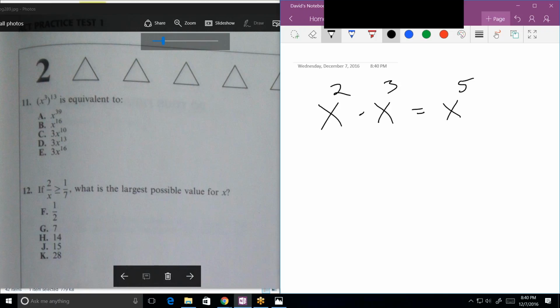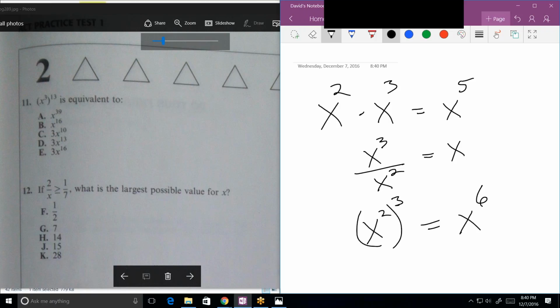If I'm dividing, then I'm going to subtract them. And if I am double exponentiating them, which is what I call this, because the x is being exponentiated and the whole thing is being exponentiated again, that's when you multiply them.